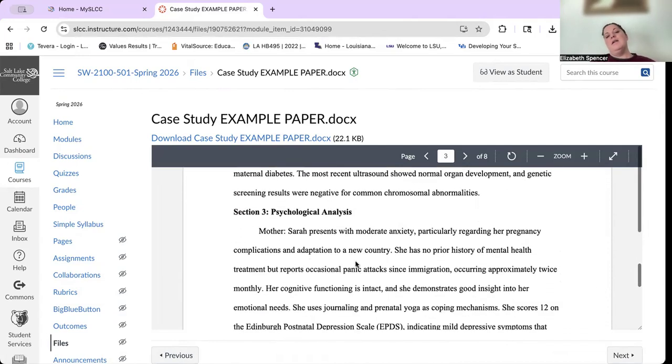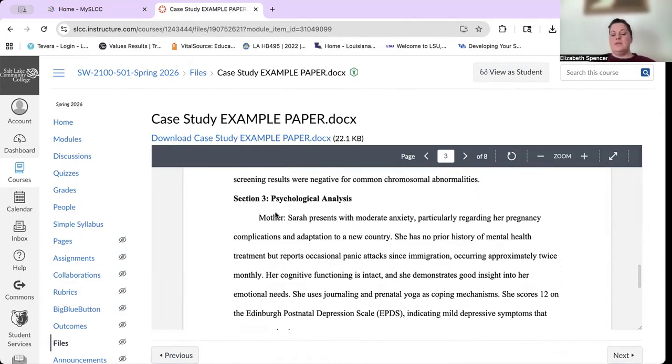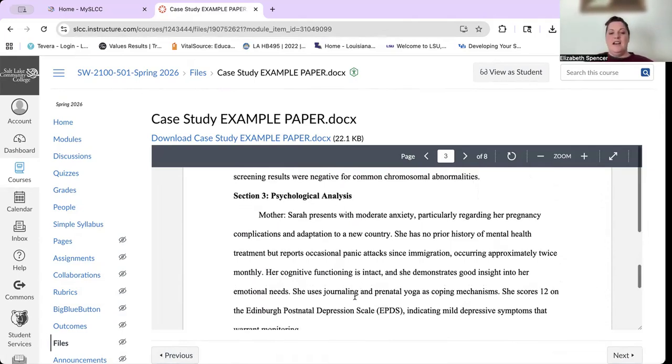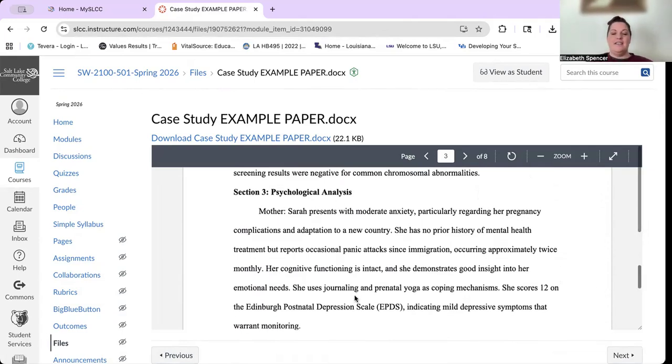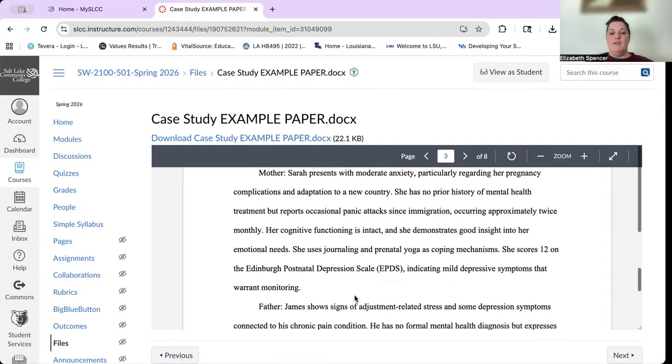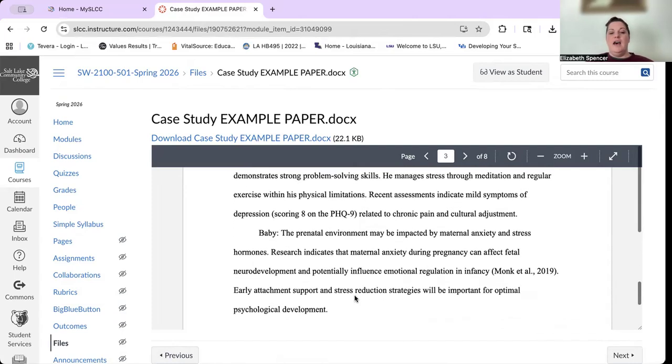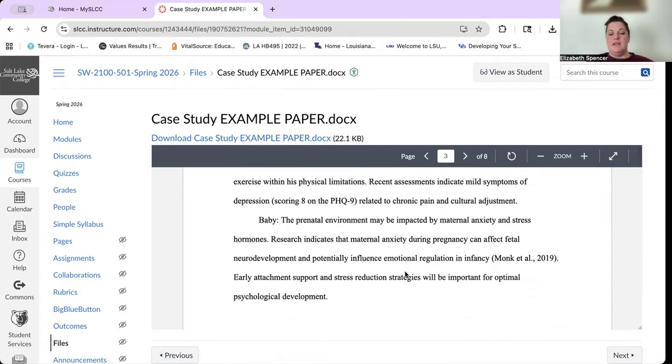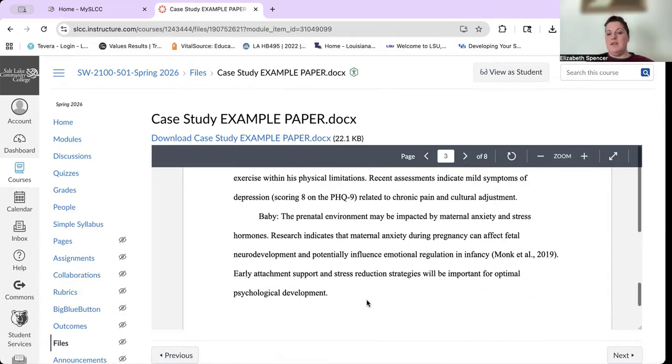Then you'll do a psychological analysis, which is looking at the mental health aspects of the mother and the father, and maybe some of the developmental aspects for the child.